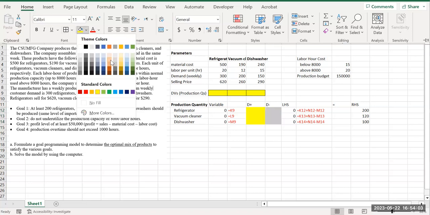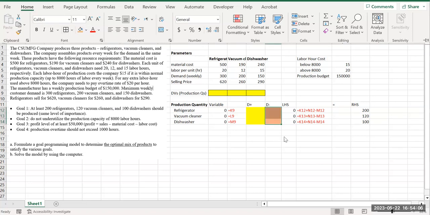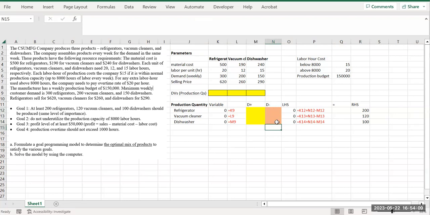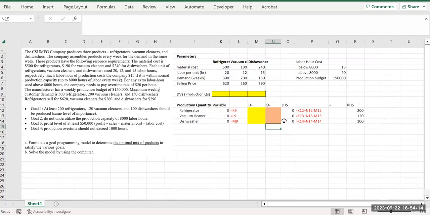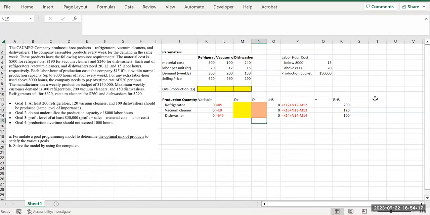So I'm going to change the color here to something different. These are our bad deviations for priority 1. And here it says same level of importance. So for priority 1, let me write the objective. The objective here is the sum or average of the bad deviations on the first one.